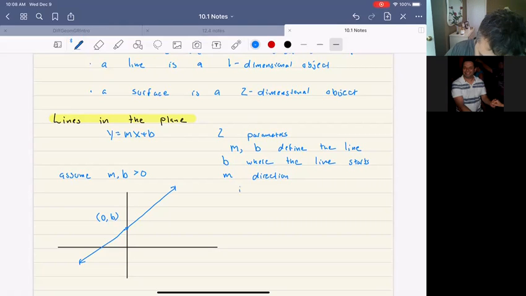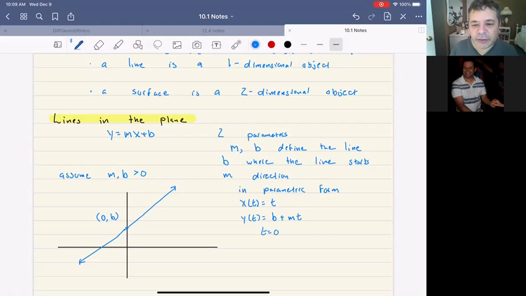So in parametric form, we're going to have x of t equals t, y of t equals b plus mt. Okay, so watch what happens. Let's say that we're at t equals 0. At t equals 0, we're going to be at 0 comma b.